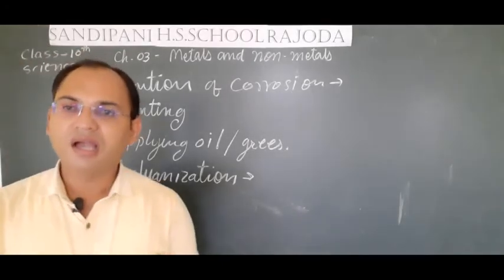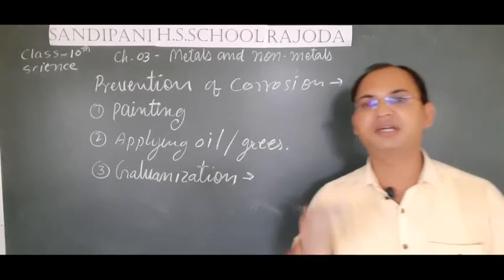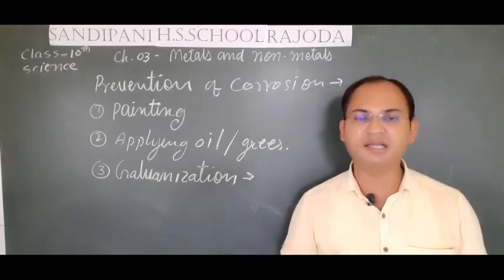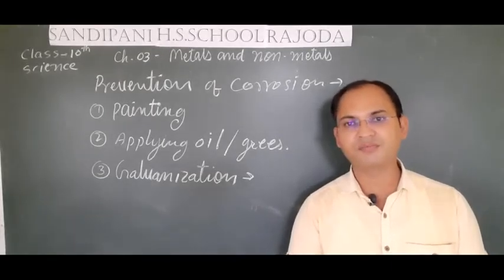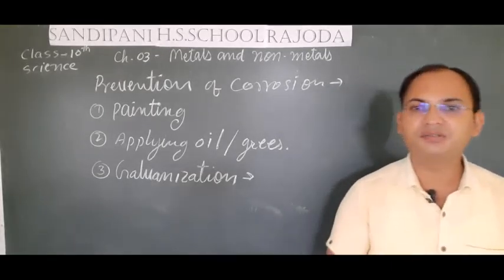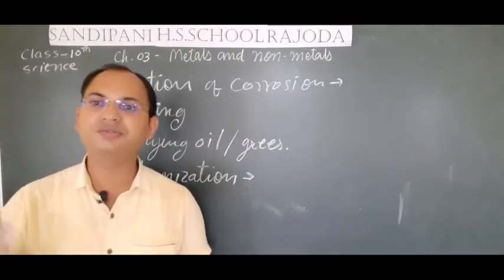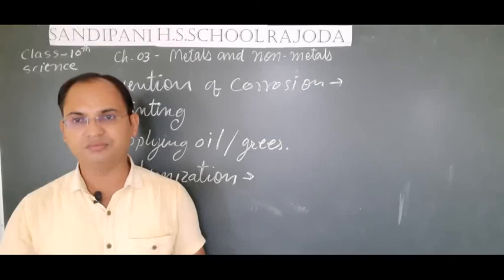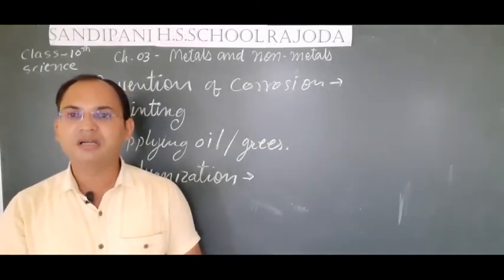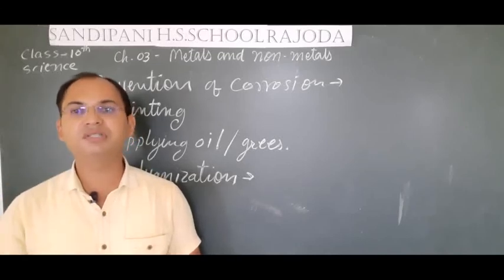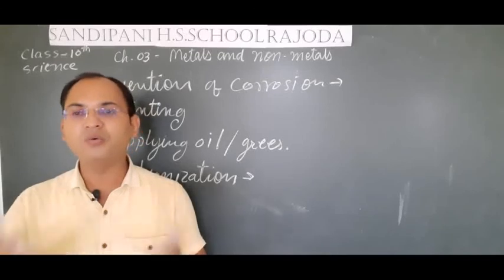Students, if we learn about corrosion, then it is very important to mention the iron pillar present in Delhi near the Qutub Minar. Near the Qutub Minar, students, an iron pillar was established about 1600 years ago. The pillar is made of iron, but it is a wonder for scientists that it doesn't corrode in the open air.